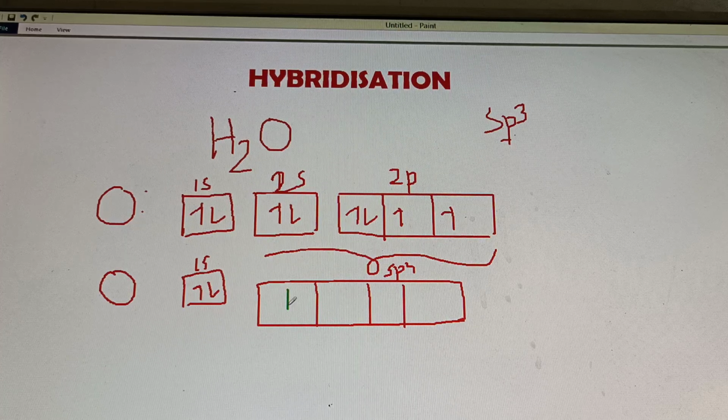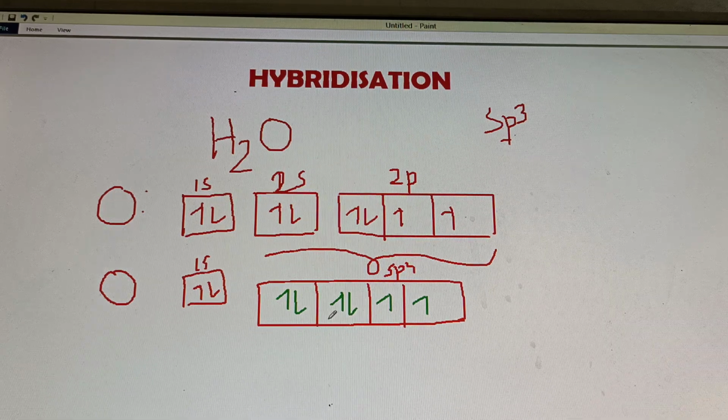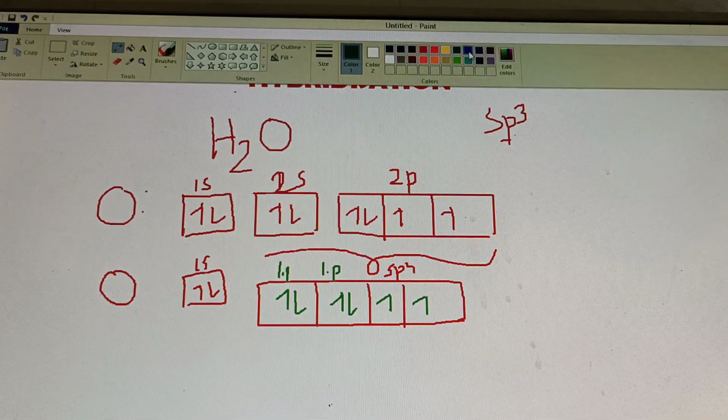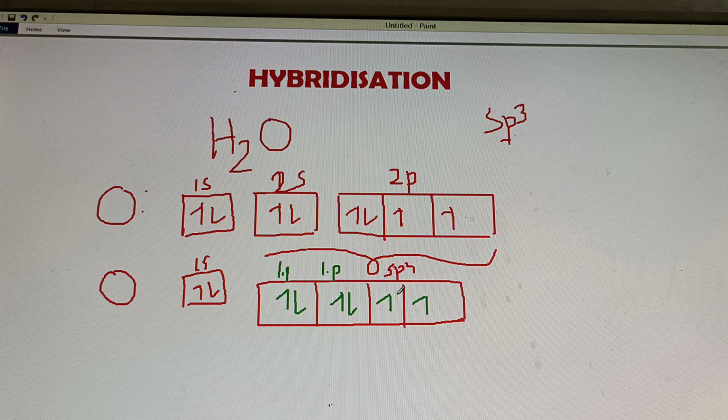So at first the orbitals are singly occupied, then pairing will take place. Clear? So here you can see two lone pairs and two unpaired electrons in the sp3 hybrid orbitals. The two unpaired electrons will be paired with the 1s electrons of hydrogen.